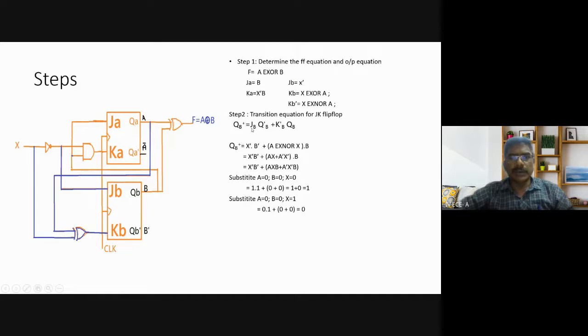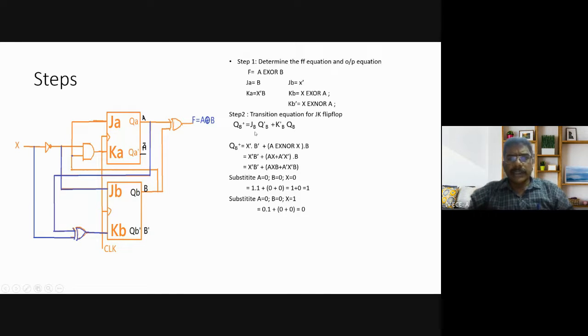There is no difference between the first equation and the second equation; the only difference is in the suffix, a for the a flip flop and b for the b flip flop. The transition equation is the same for the JK flip flop. Only the suffix changes, and the value becomes jb equal to x dash. See, jb equal to x dash, right?